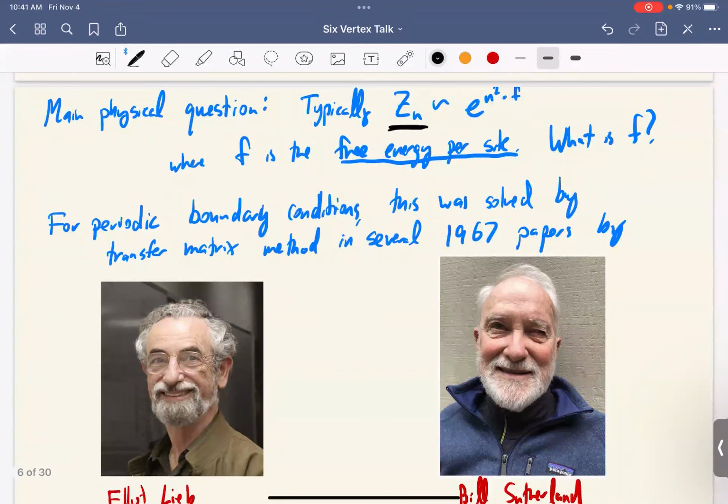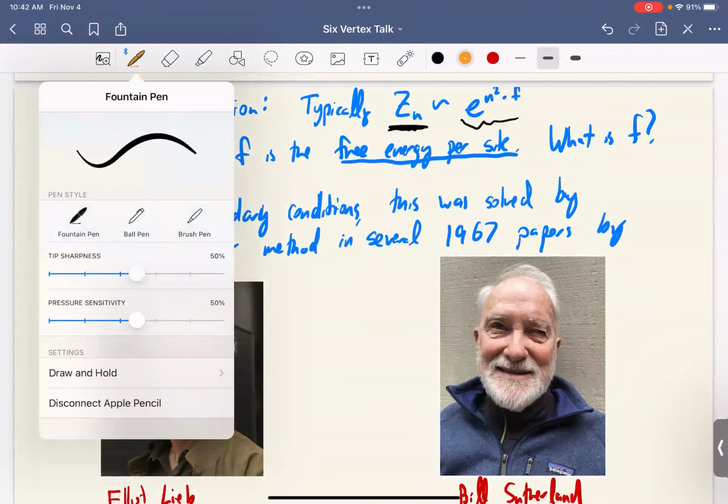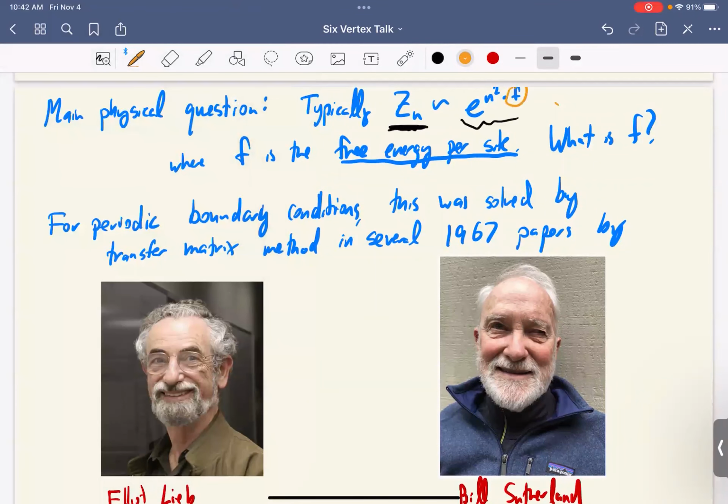Yeah, so typically for large n, the partition function grows like e to the power n squared times some constant, which I'm calling f here.